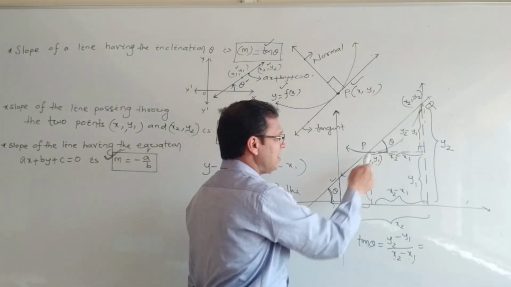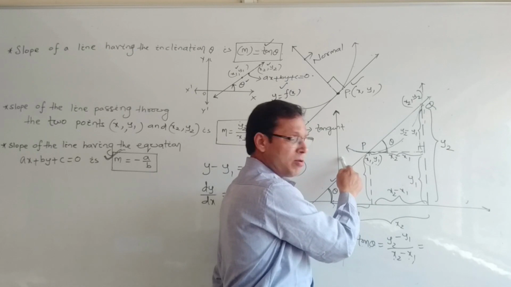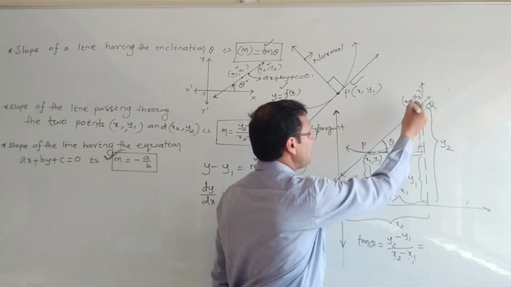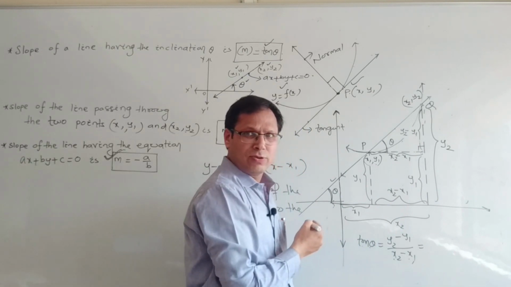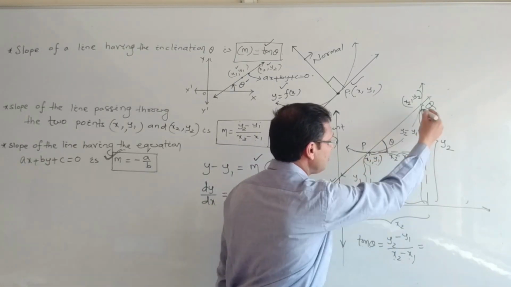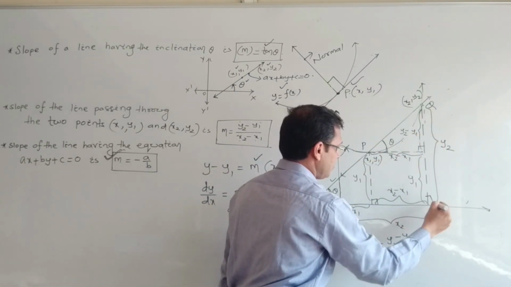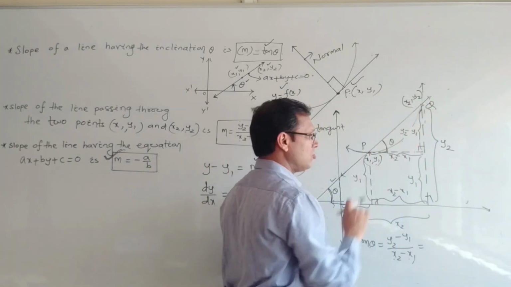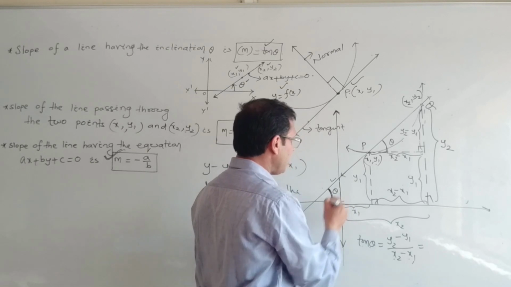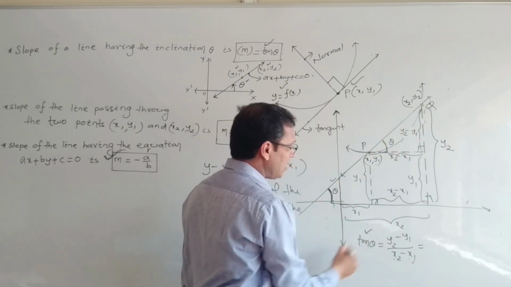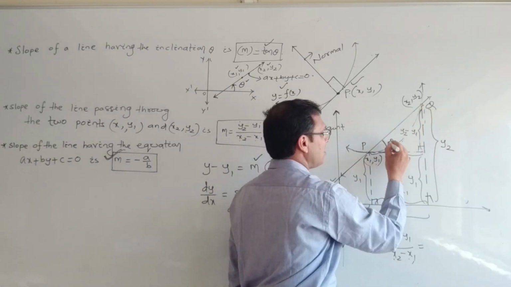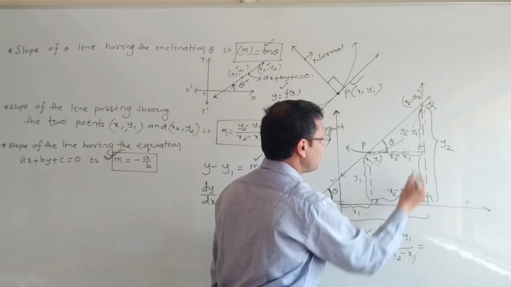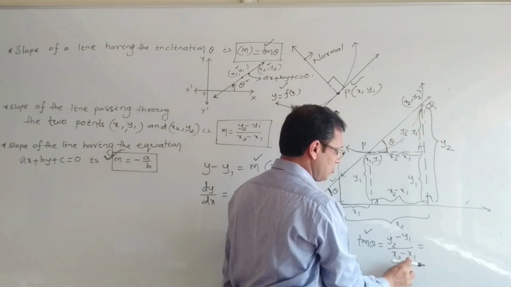Suppose this line intersects the curve at two different points P and Q, having the coordinates x1, y1 and x2, y2. Now these are the perpendiculars. Then this part is x2 minus x1 and this part is y2 minus y1. If this angle is theta, then the slope of the line tan theta is equal to P by B in this right angle triangle, that is y2 minus y1 by x2 minus x1.